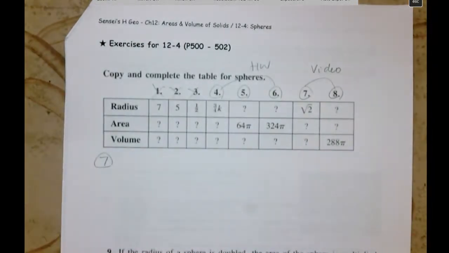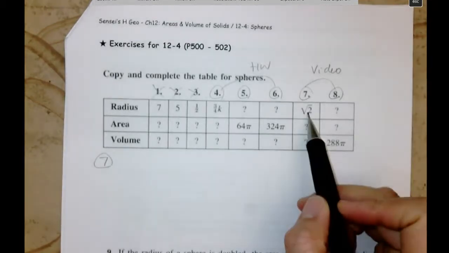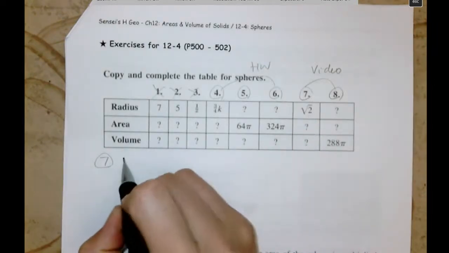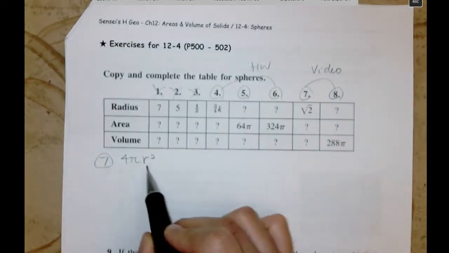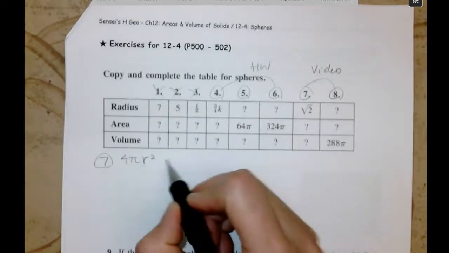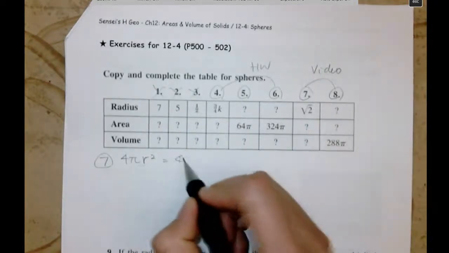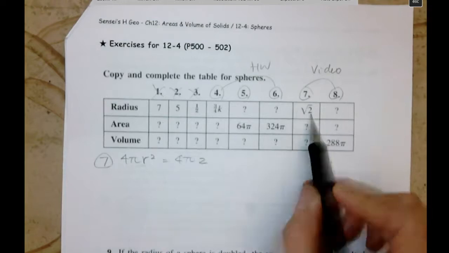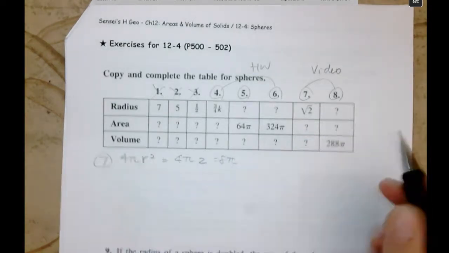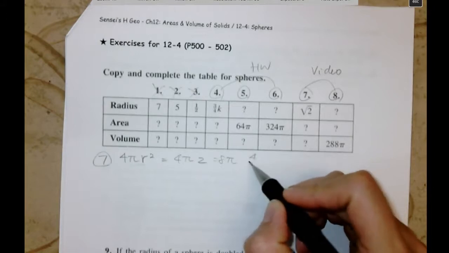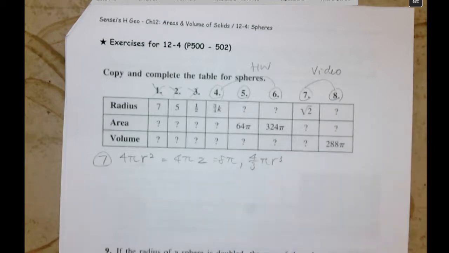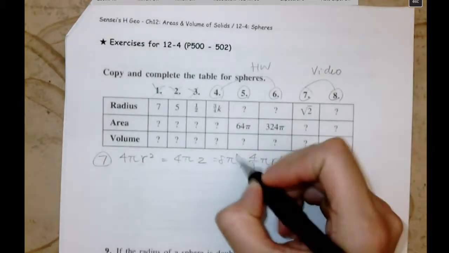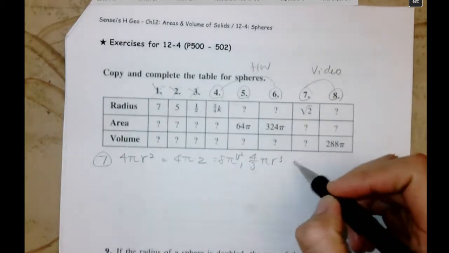Alright, so the radius is, it's really not that hard. It's just plugging in, it's just how the radicals work. So the area is 4 pi r squared, right? The area of the circle times 4. So it's 4 pi times 2, because the radius squared is 2, so that's 8 pi, in units squared. And the volume is 4/3 of pi r cubed.